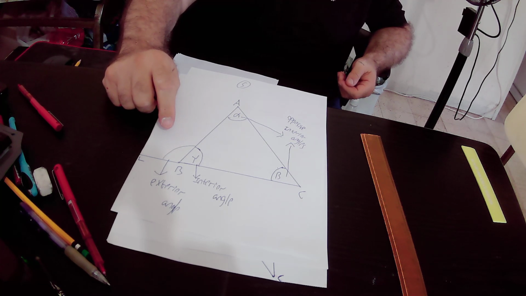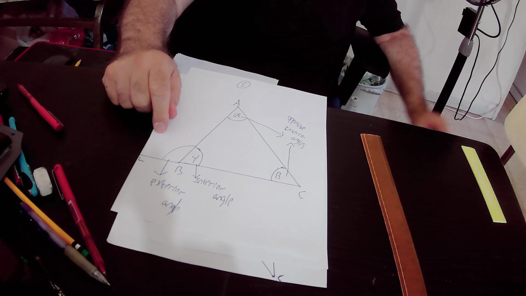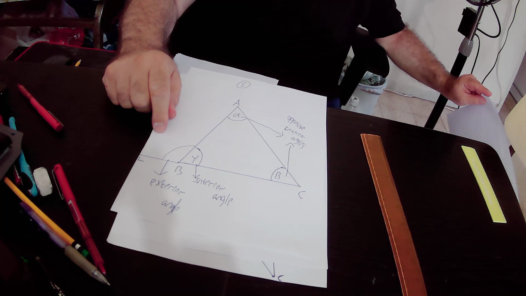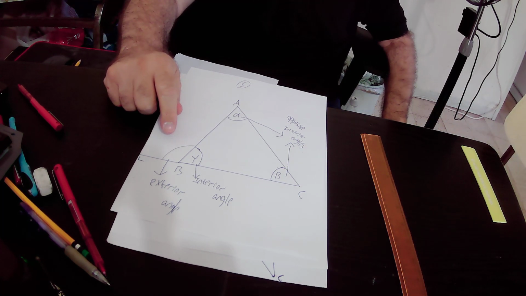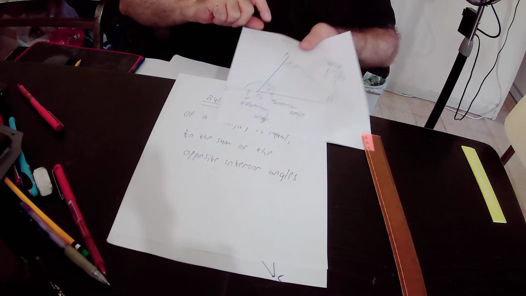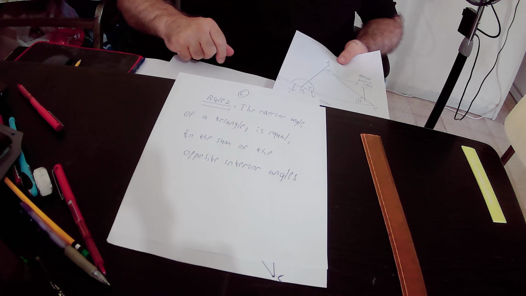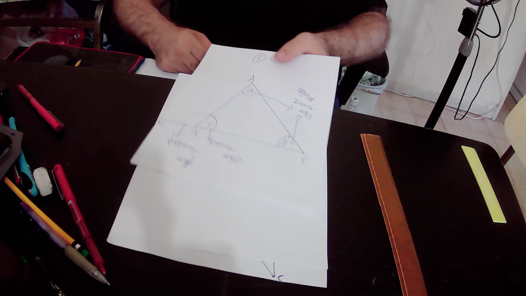So according to rule number 2, the exterior angle of a triangle is equal to the sum of the opposite interior angles.